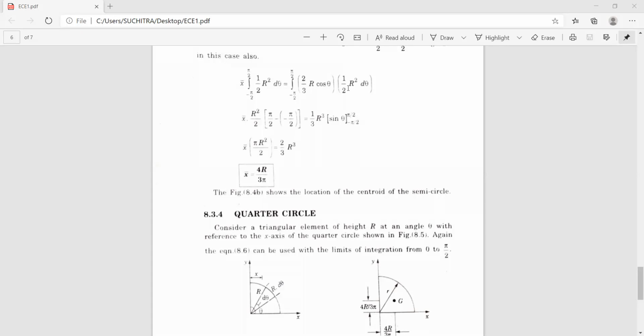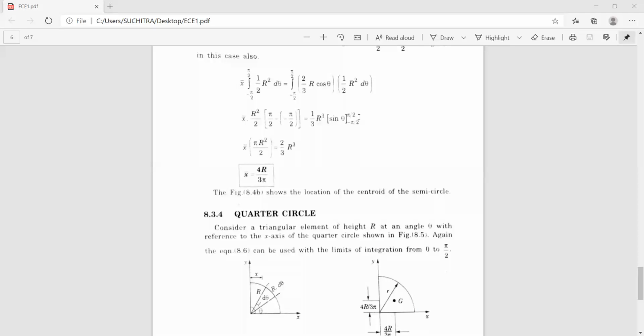On the right hand side, you can take 1/3 r cube outside. So 2 gets cancelled, 1/3 r into r square is r cube, and cos theta, if you integrate it, is sin theta.